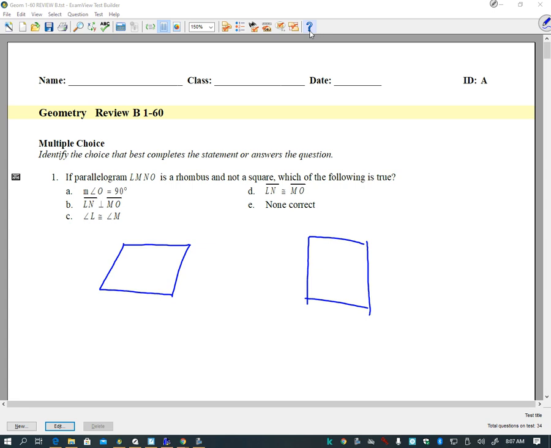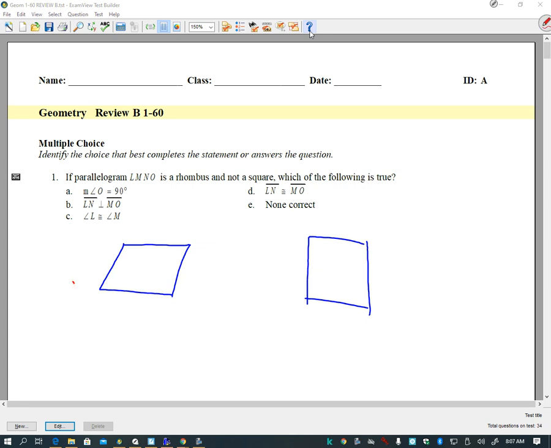Anybody? You could list the properties. Let's maybe start a little closer to home here. What about the letters? Can I put the letters on? Okay.